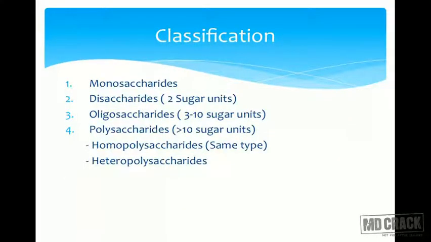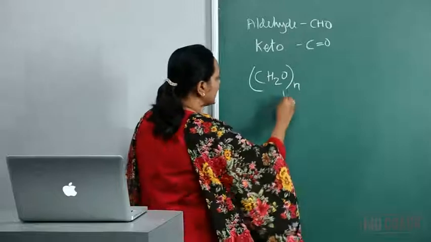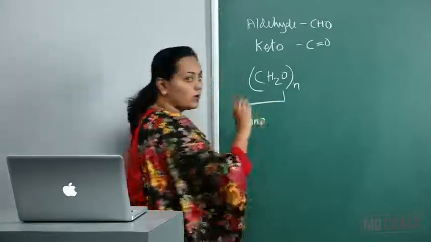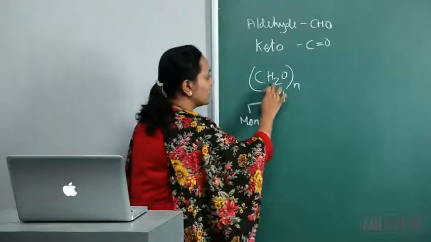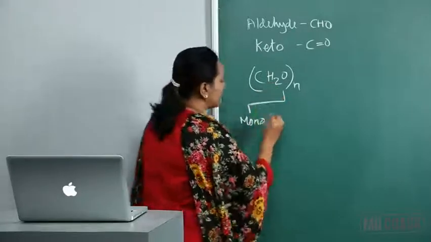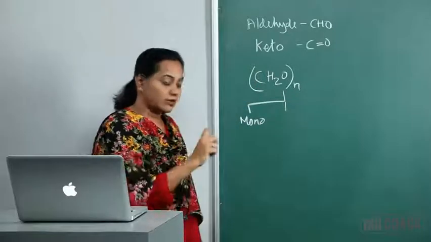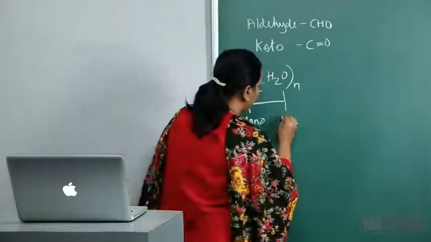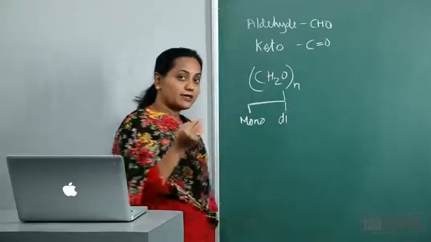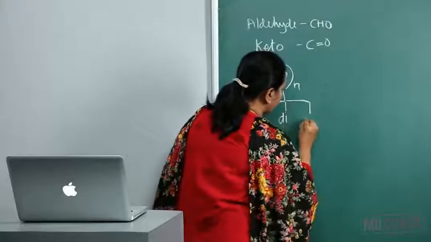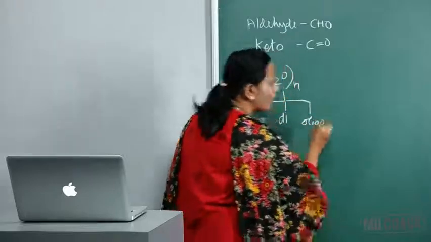Now if you look at the classification, all the carbohydrates which are hydrates of carbon can be classified into monosaccharides. That means they have a single unit of sugar, or they can be disaccharides, that is, they are made up of two monosaccharide units, or they can be oligosaccharides.